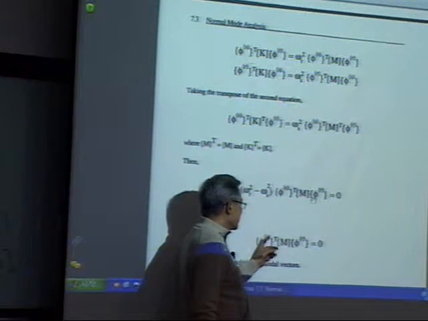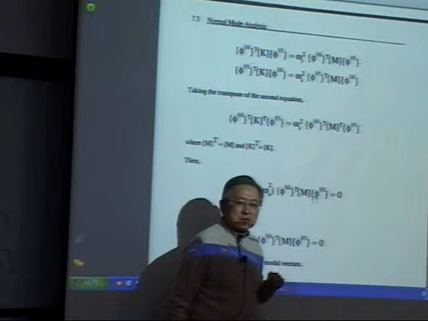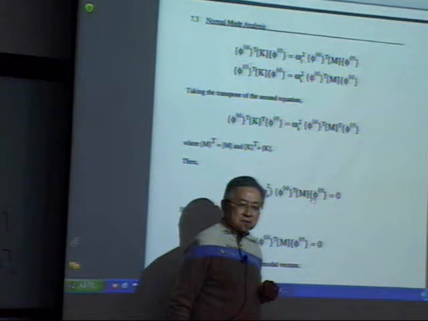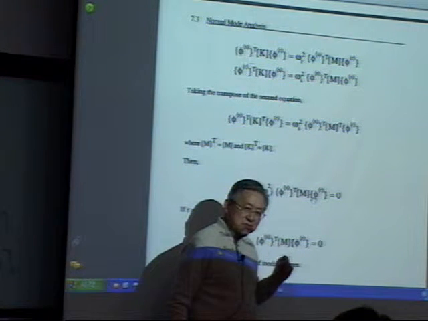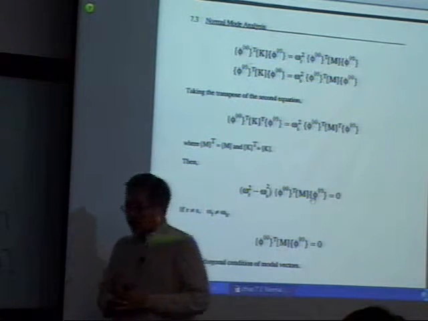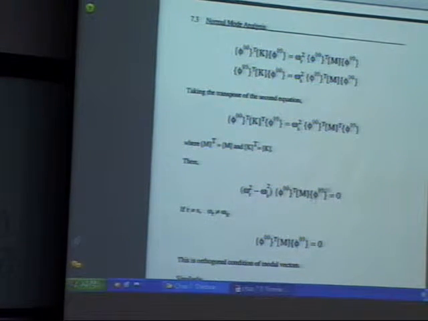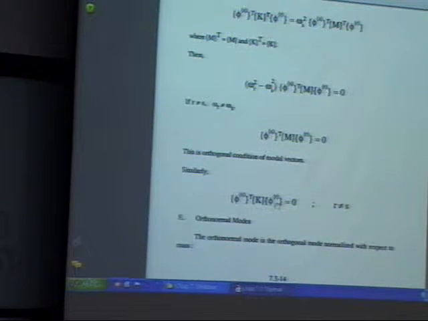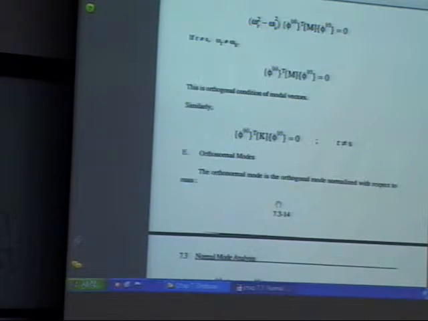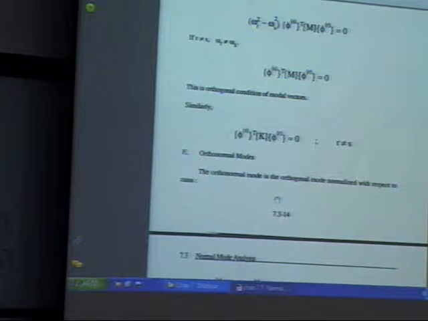This R or S business is really saying that distinctive S is not equal to R. That's what the implication is, okay? So remember, this is the orthogonal property of the eigenvector or mode shape vector, as shown here. One more, orthogonal properties, that's what that is.